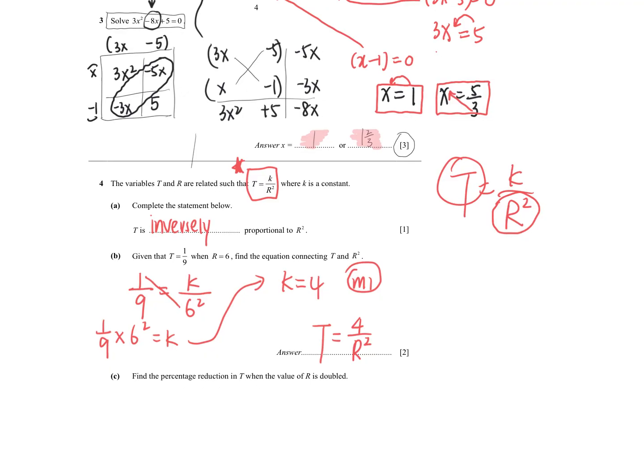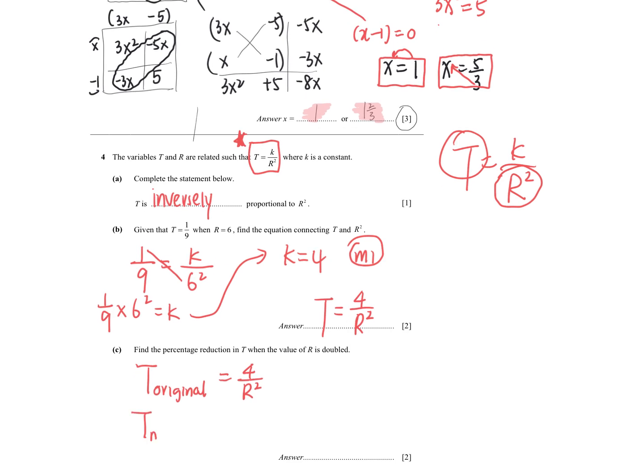Okay? Next, they say what if, this is my original T is 4 over R squared. Now they say find the percentage reduction in T if R is doubled. So I want to find what is my new T. When my R is doubled means R becomes 2R now, doubled.